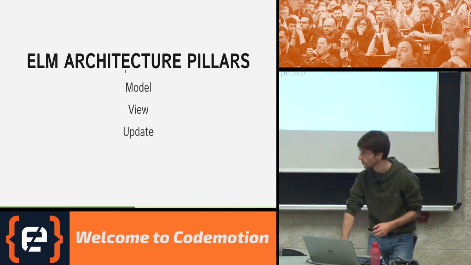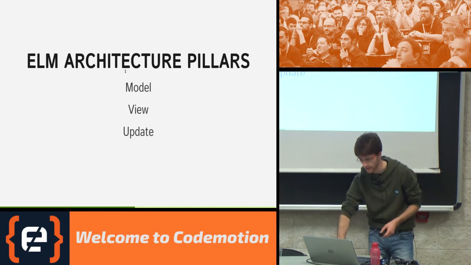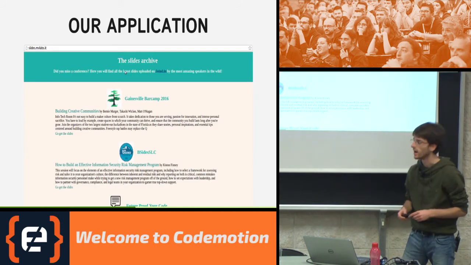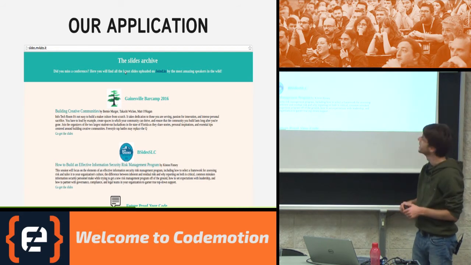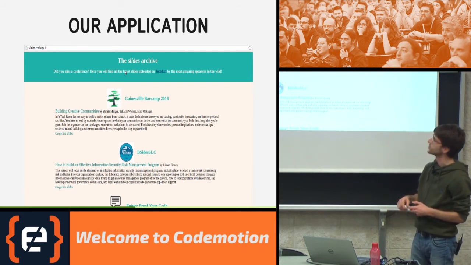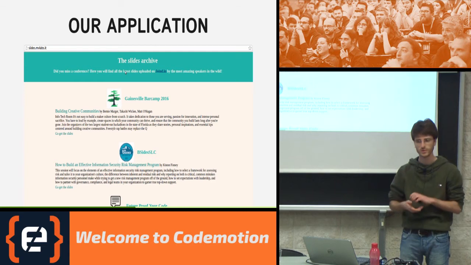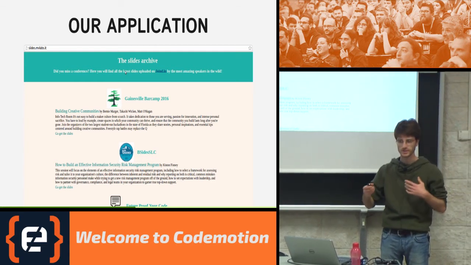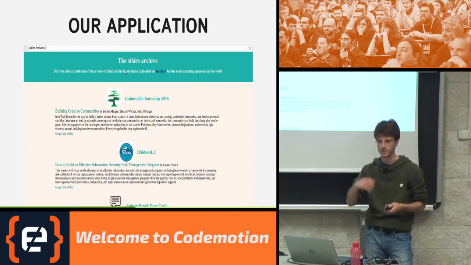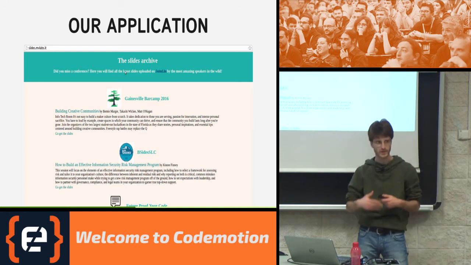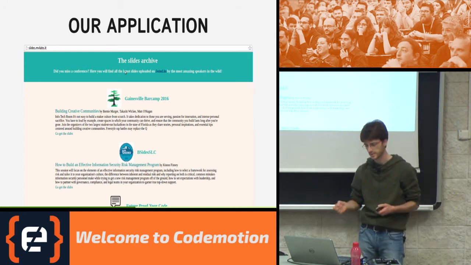Okay, and I'm going to show you what these are using a small application I built, and it helped me learn Elm, actually. Let me explain what this does. Do you know Joind.in? Well, if you don't, it's a website where conference organizers can put their conferences with the list of the talks, and then attendees of the conference can go and rate the actual talks.